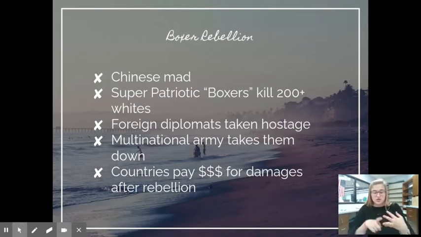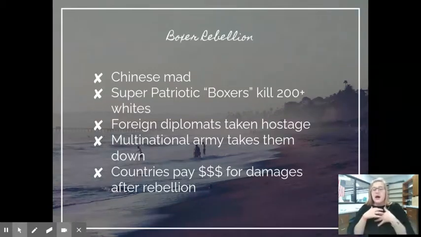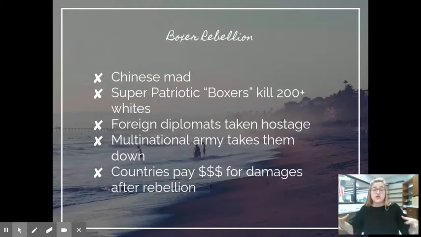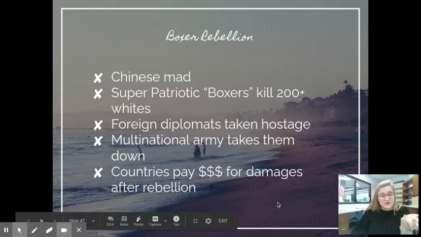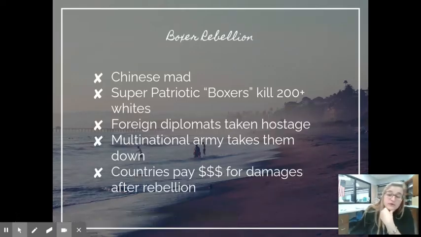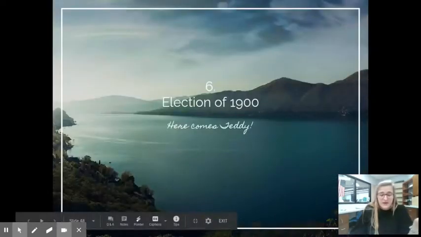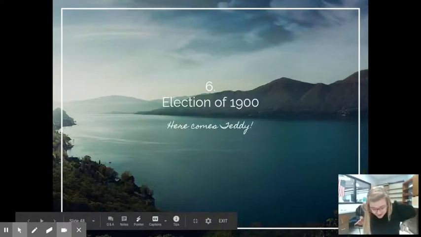Japanese troops, Russian troops, Britain, France, Germany, and U.S. 2,500 Americans are part of this total 18,000 troops coming in to put down the Boxer Rebellion. And when it's all over, the countries pay China for damages and then basically say, all right, we helped you out. We're going to trade with you however we want. And thus America has literally kicked in the door to trade with China.